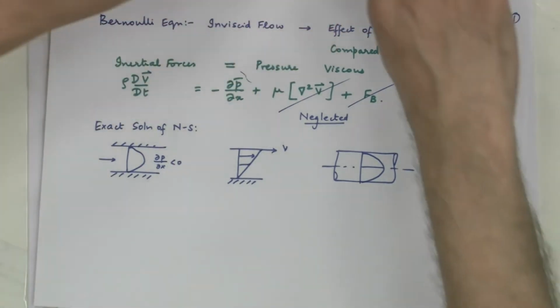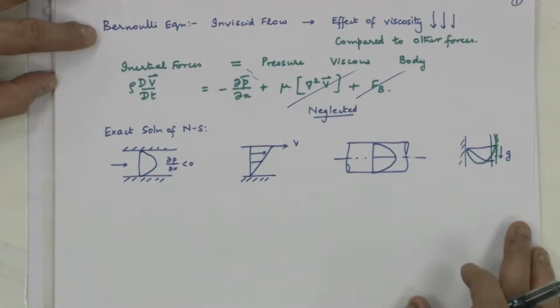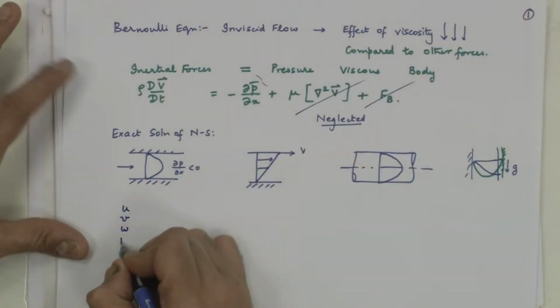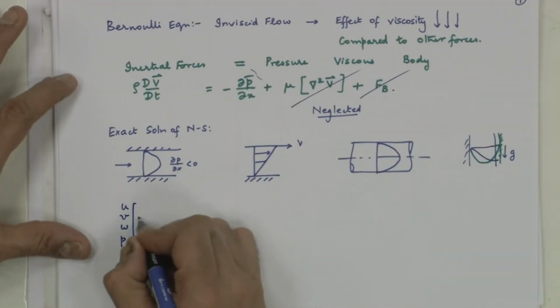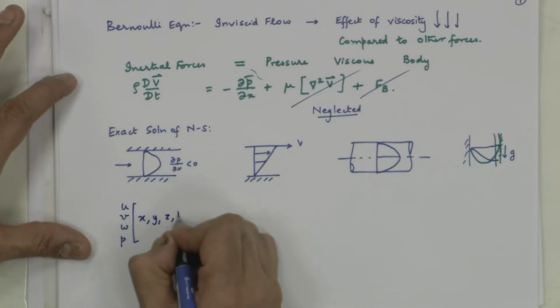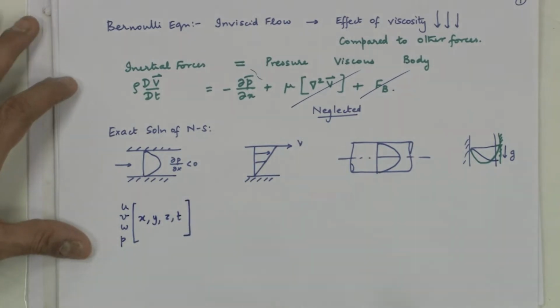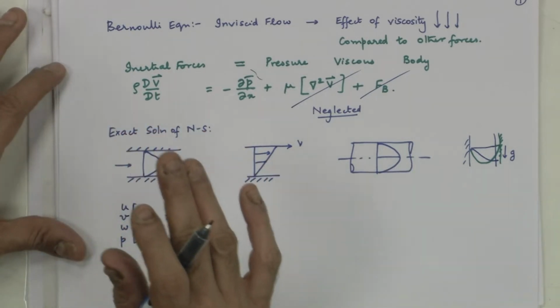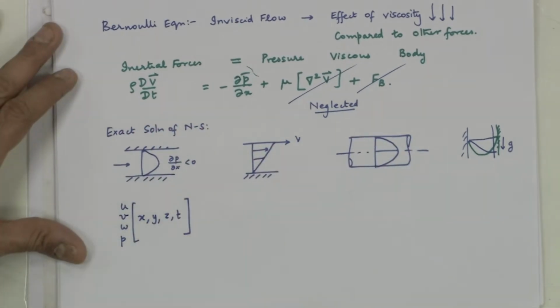Whatever be it, the idea being that in order to get a velocity distribution, okay, what is the primary objective of solution of Navier-Stokes equation? We want to solve for velocities and also the pressure as a function of x, y, z and time. Okay. So, this is the objective that we are trying to do for all problems. This is what we want to get.